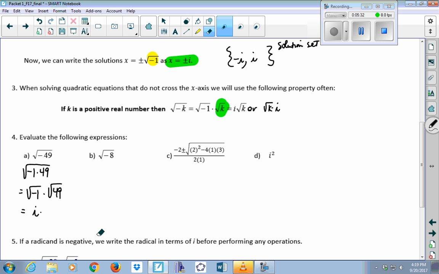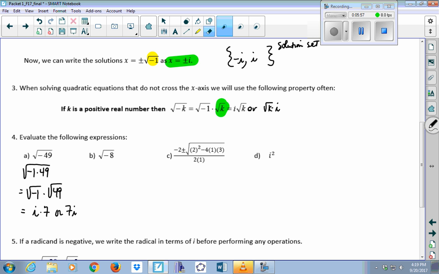The square root of 49 is 7. So you can write it as i times 7 or 7 times i. So it looks almost like the square root of 49, doesn't it? 7, but it's got that little i attached as a factor. That's really important.